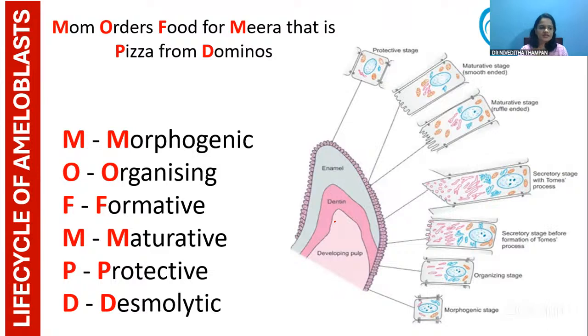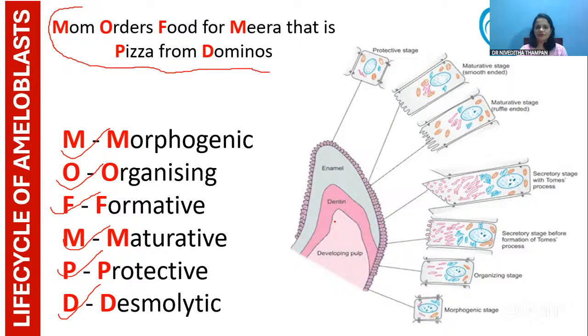So what are those 6 stages? It includes the morphogenic stage, organizing stage, formative stage, maturative stage, protective stage, and desmolytic stage. There is an easy way to remember these stages of amelogenesis: use this mnemonic. Mom orders food for Mira, that is pizza from Domino's.